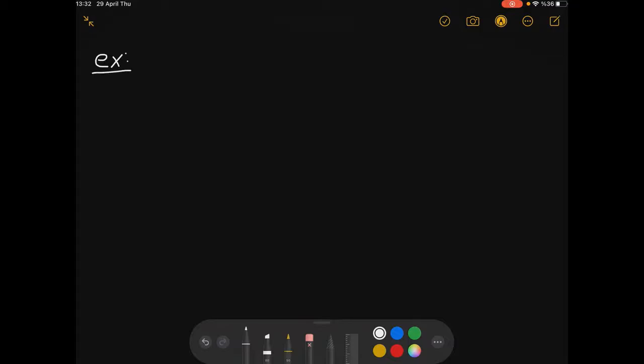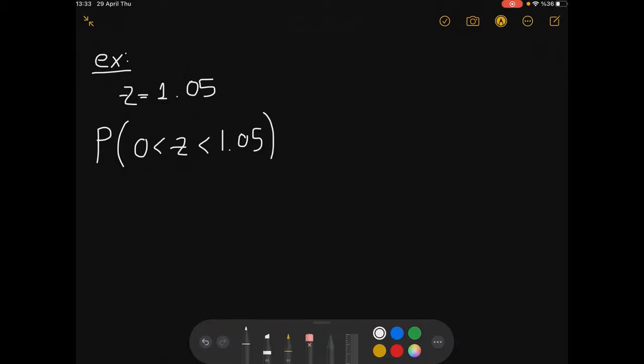Let's start with the first one, where your z is 1.5. So I'm curious about the probability of z within that range.